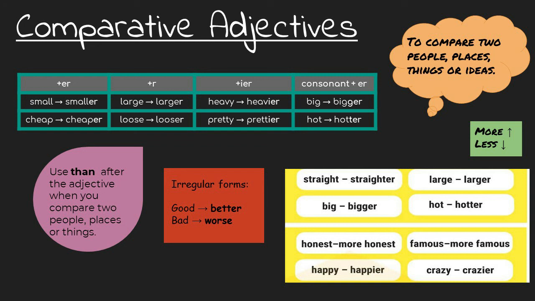Because we are unable to say Mars is small than Earth. No, this is incorrect. We have to use the comparative adjective. In this case, it's smaller, right? So also we have, for example, Mars is more distant from the Sun, right? Or also we can say another example, Mars has more moons than Earth, right?